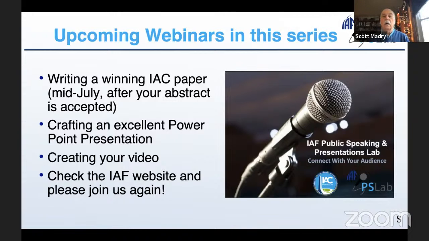And we will have another webinar coming up in the summer, the date has not yet been chosen, on how to write a winning paper. So once your abstract is submitted, how do you actually write a good paper for the IAC? That's a separate subject, and we'll do another hour on that.